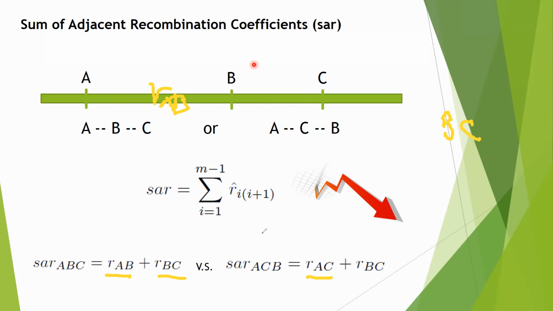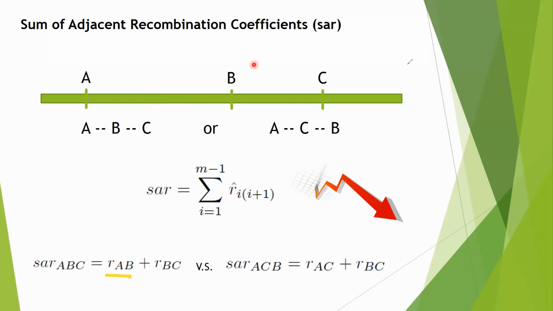Based on our genetic assay, we can only calculate the recombination fraction between two loci. Once we have these three values, how do we put them together to construct a complete genetic map for these three loci?